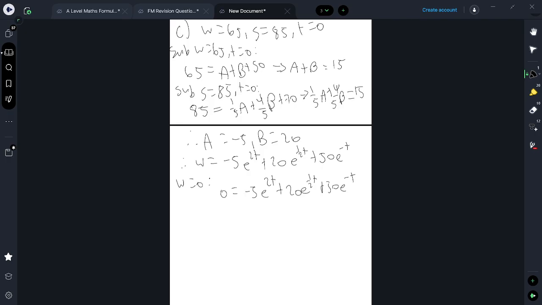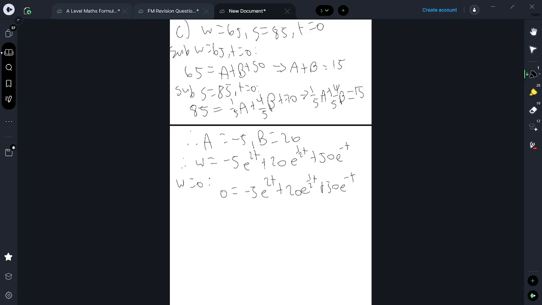This kind of reminds me of a hidden quadratic, right? But how do we solve this? Usually with hidden exponential quadratics, you should be quite familiar with them from the hyperbolics chapter.